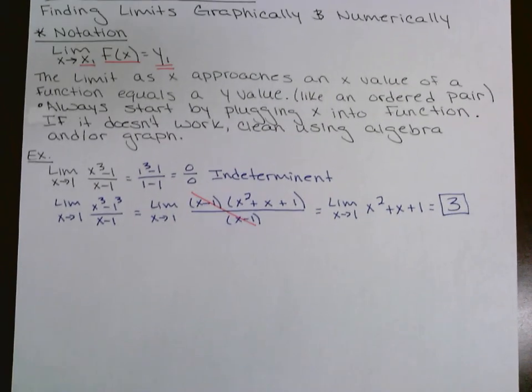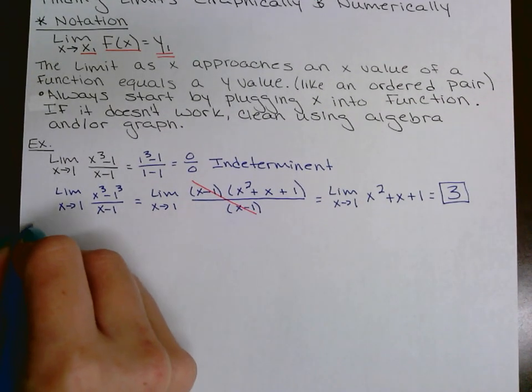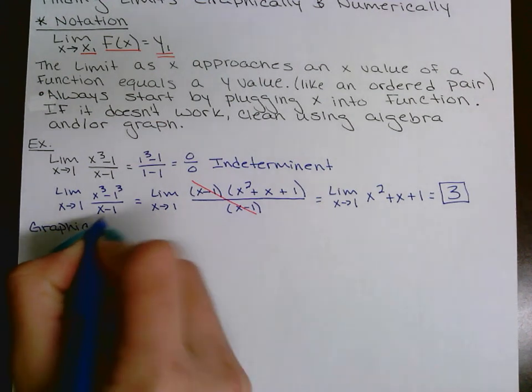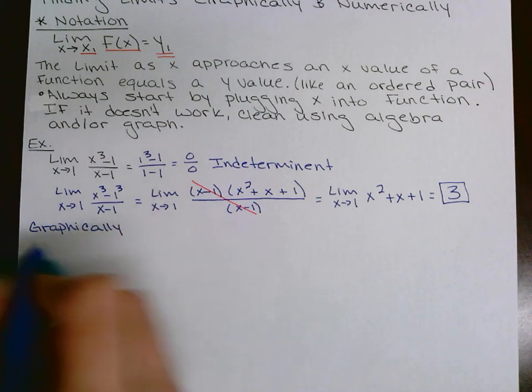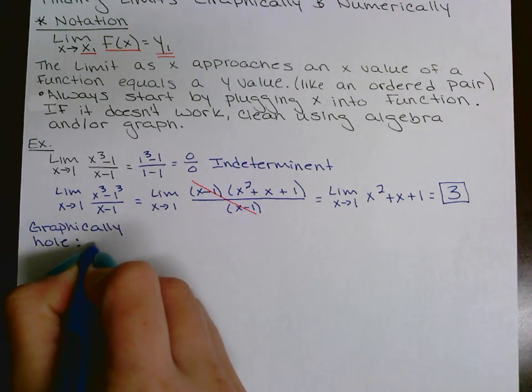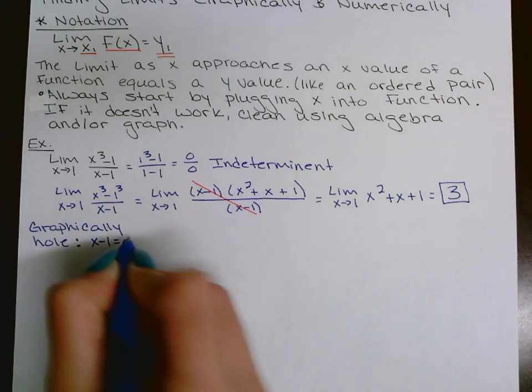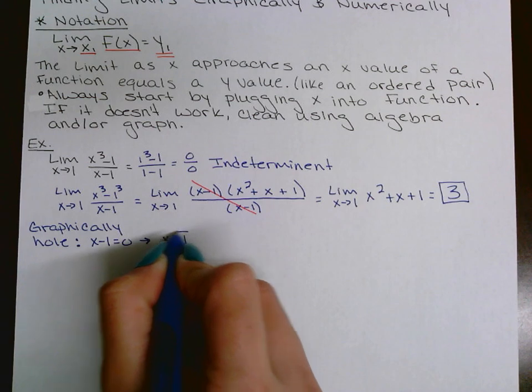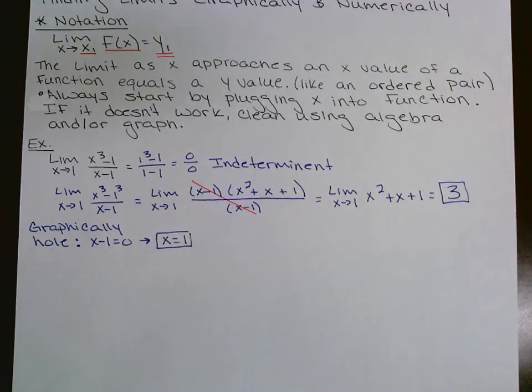So now, graphically, I know that I have a hole when x minus 1 equals 0, which means my hole is at 1. How do I find the y location of my hole? Where do I plug that x into?